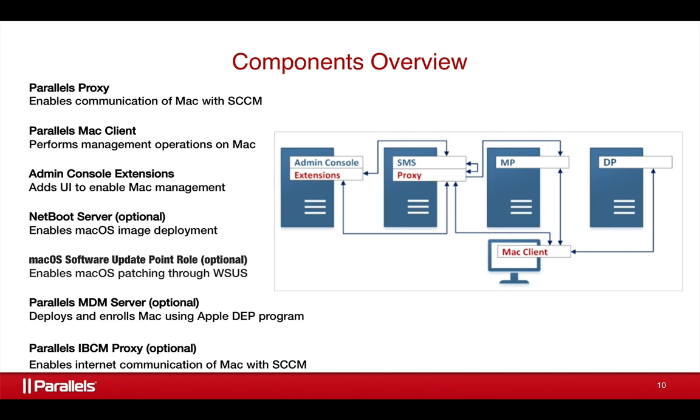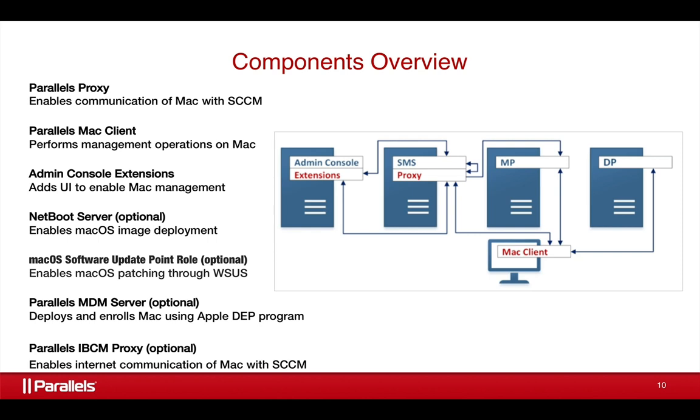So on the left-hand side there, our Parallels proxy, that's our broker between the Mac client and SCCM, handles all the telemetry up and down between the proxy and our Parallels Mac client. The admin console extensions we draw out inside of SCCM, so you see color, branding, icons, things that look like Mac management, that you could do specific for Macs inside of SCCM.